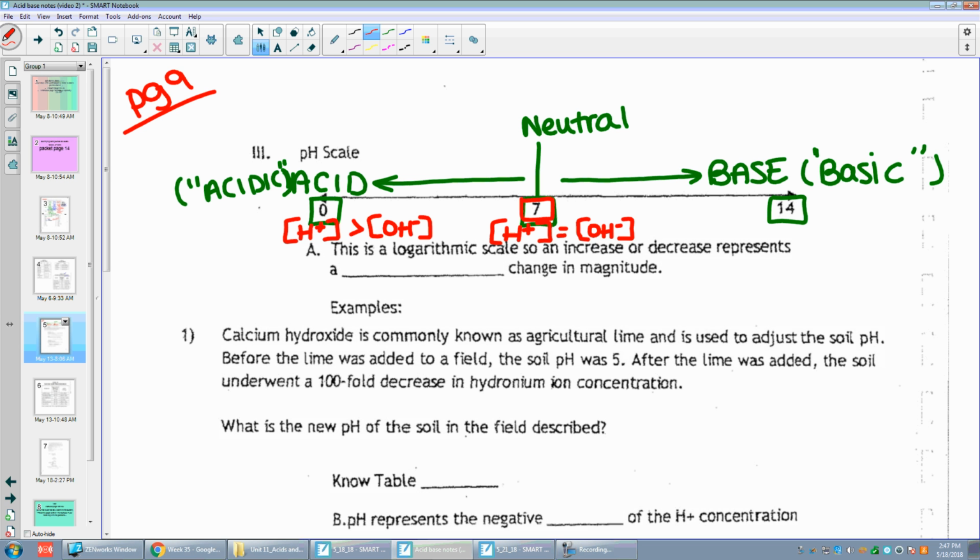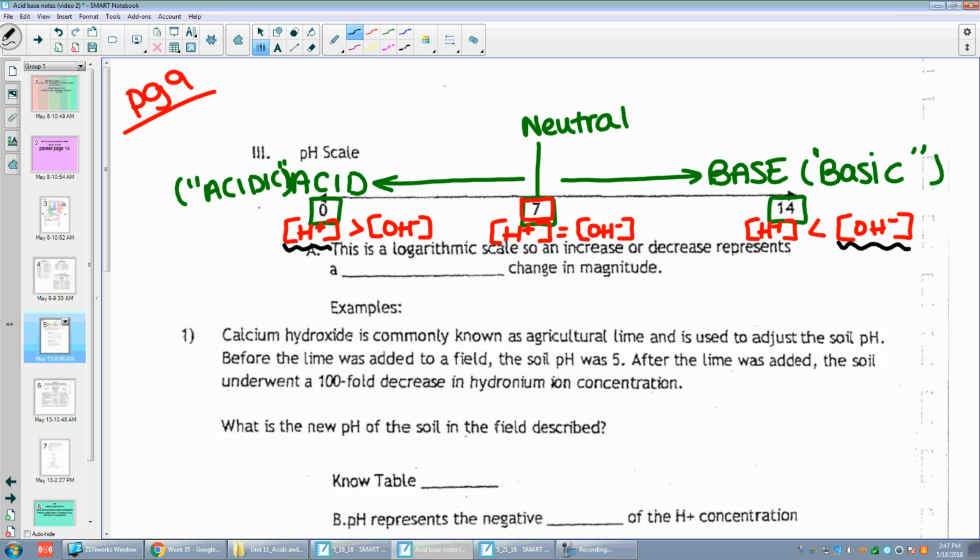So that would mean that my H plus concentration, I actually have less of it than my OH minus concentration. So when I'm a base, I have more of my OH. When I'm an acid, I have more of my H. And when I'm neutral and I'm 7, well, I've got equal.